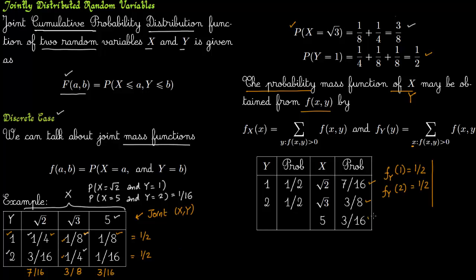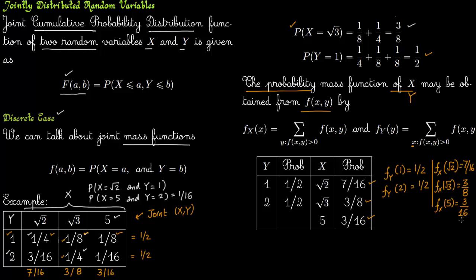So the mass function for random variable x is: corresponding to root 2, 7 by 16; corresponding to root 3, 3 by 8; and corresponding to 5, 3 by 16.